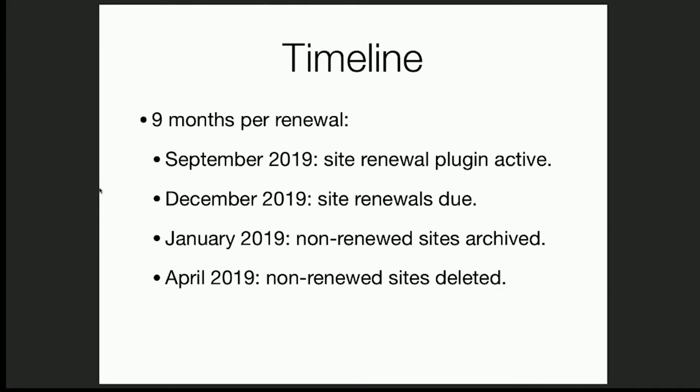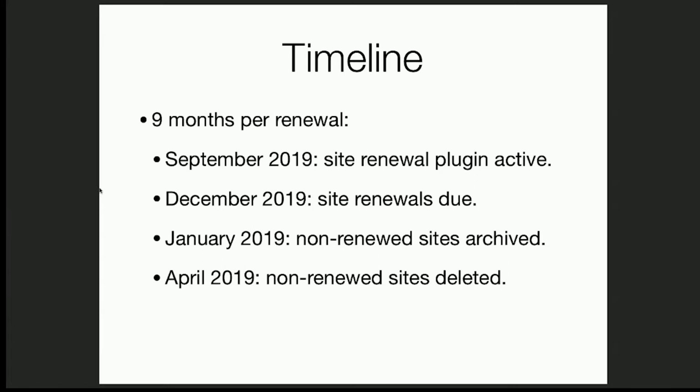The timeline for this project ended up being about 9 months for our first renewal process. In August to September, we enabled the plugin and started communications about the renewal process. Faculty are leaving for the semester and planning their December vacations and getaways, and the end of the semester is when the site renewals were due.